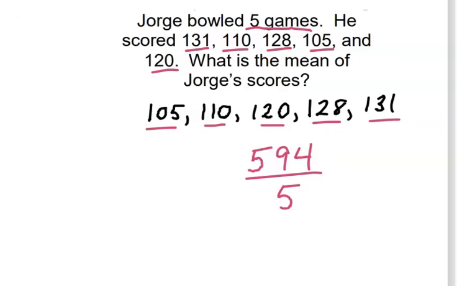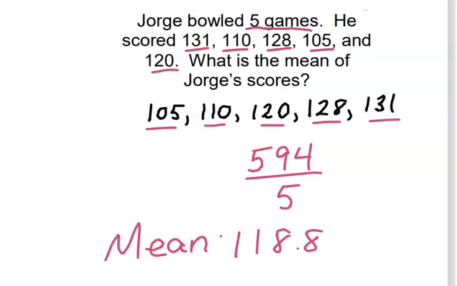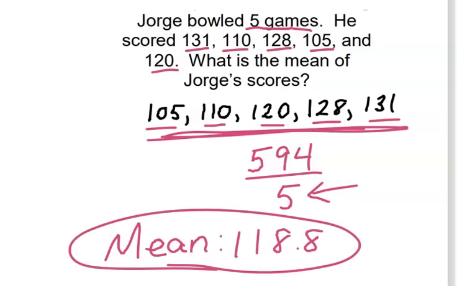So we have 594 divided by 5, and the answer is 118.8. So that is the mean. We add them all up and divide by 5, because that's how many are in the data set, and we get 118.8 as the mean.